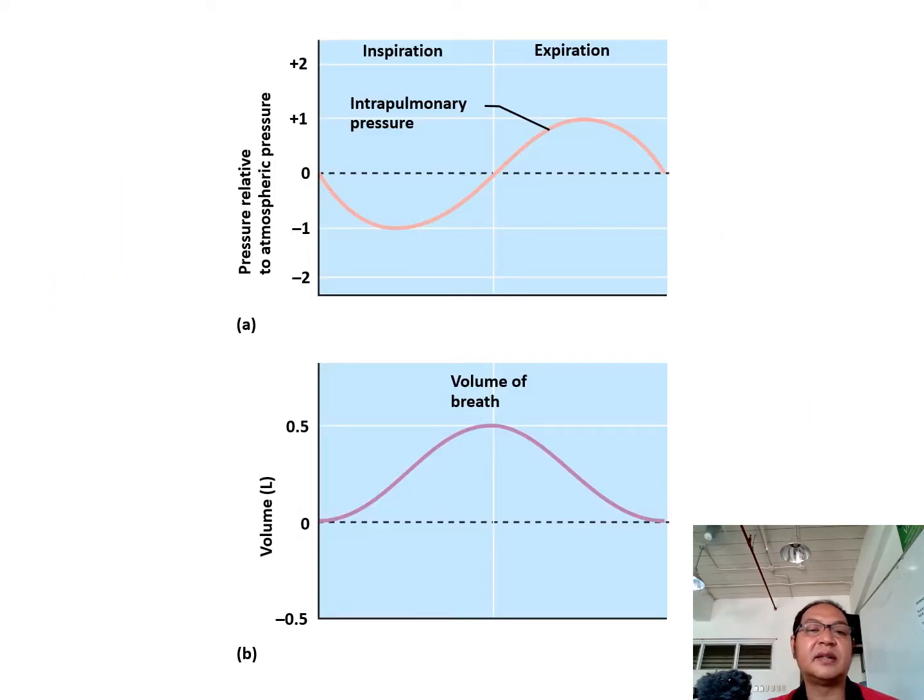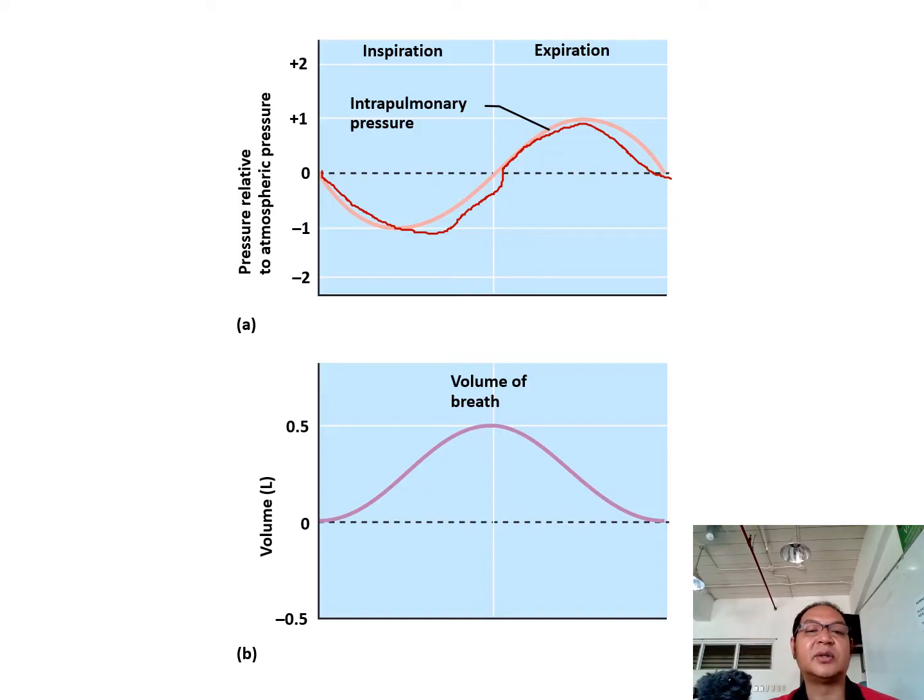So here, in the tidal volume, we have pressure during inspiration. Intrapulmonary pressure decreases, okay, until it equalizes to the atmospheric pressure. And during expiration, intrapulmonary pressure increases until it equalizes.